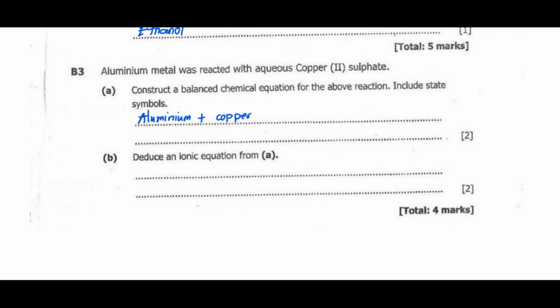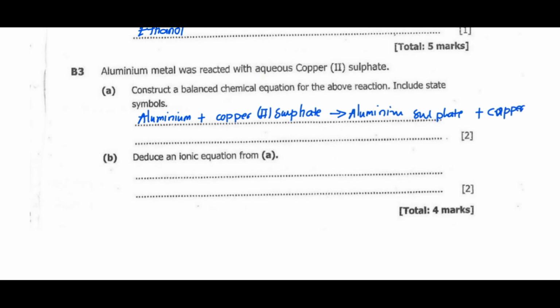Now, according to the reactivity series, aluminium is more reactive than copper. So the copper will be displaced, and this will give us aluminium sulfate plus copper.